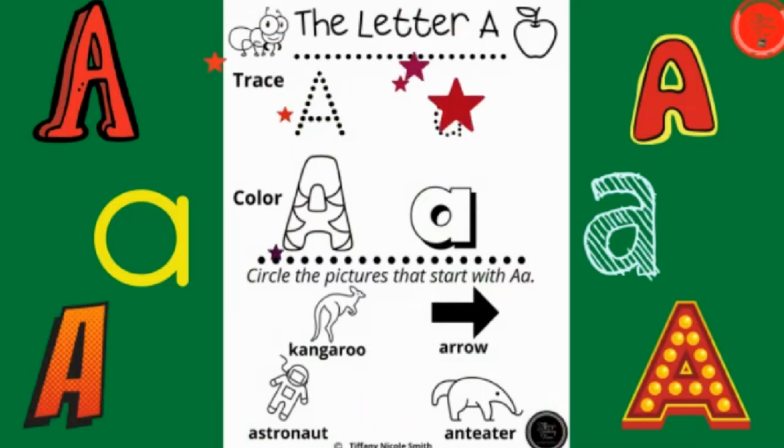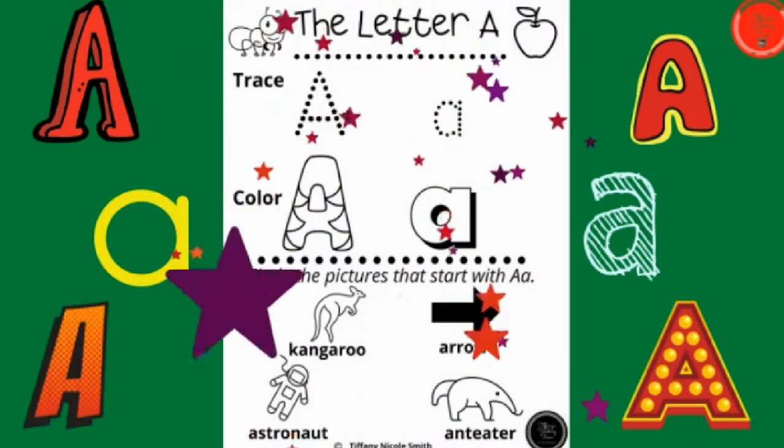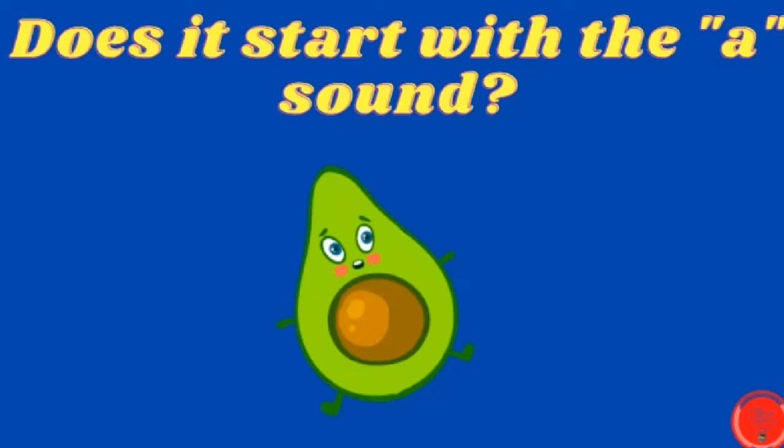Awesome work. Now it's time to play Reveal the Picture. There's a secret picture hidden underneath, and we'll find what it is as we answer the questions. Here's your first question. Does it start with the A sound? This is an avocado. Avocado. Yes.